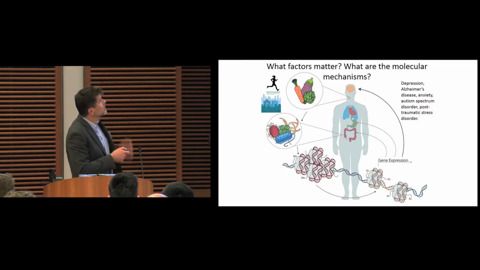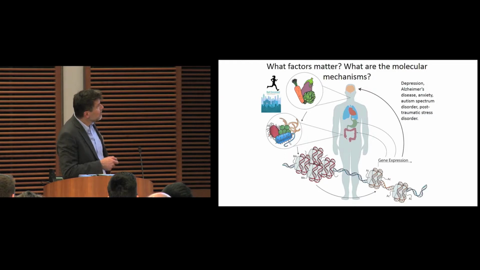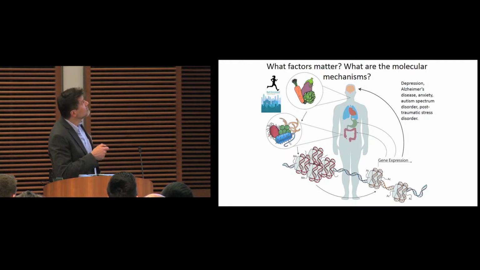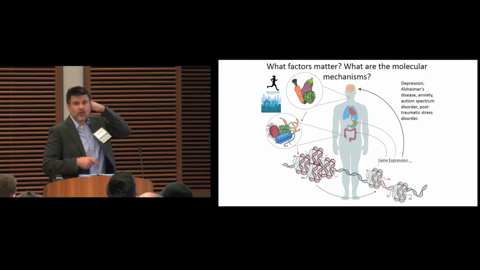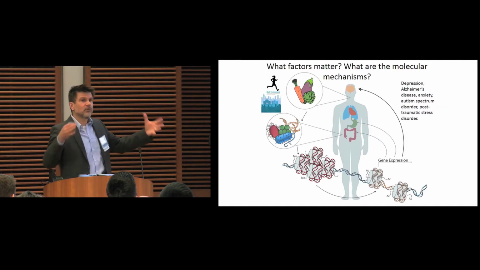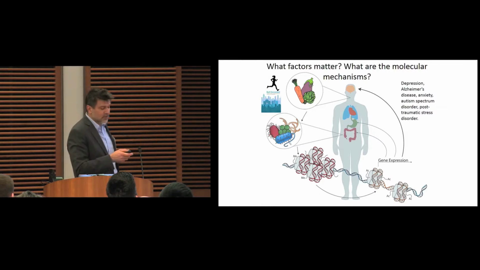So we're interested in what these factors are, but we're interested in what the molecular mechanism behind this effect is. So we'll measure, for instance, how chromatin is affected through gut microbiota, diet, lifestyle, where you live. These are all factors that we're thinking about. And when I mean we, I mean our group, but also the greater collaborative effort here on this campus, which I'll tell you about shortly.